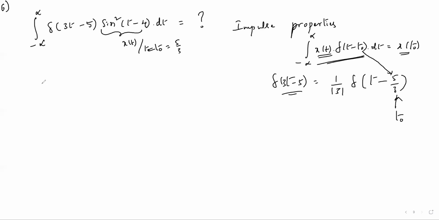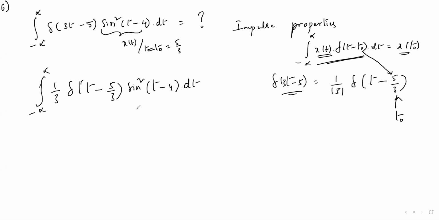Let us simplify this one. The integral of 1 by 3 delta of t minus 5 by 3 times sine square t minus 4 dt, with limits minus infinity to plus infinity.